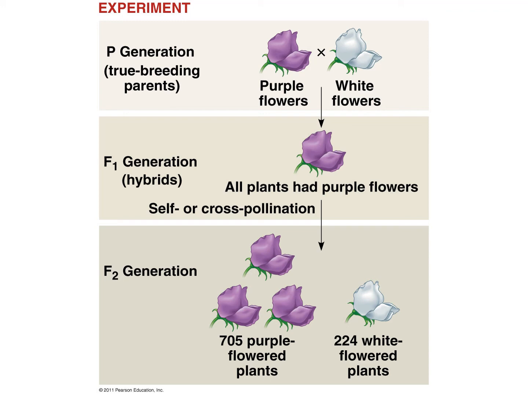So Mendel explained this, proposed a mechanism for this that involved mathematics. So what we're going to do next is look at Mendel's interpretations and kind of put that into the context of what we now know about inheritance.